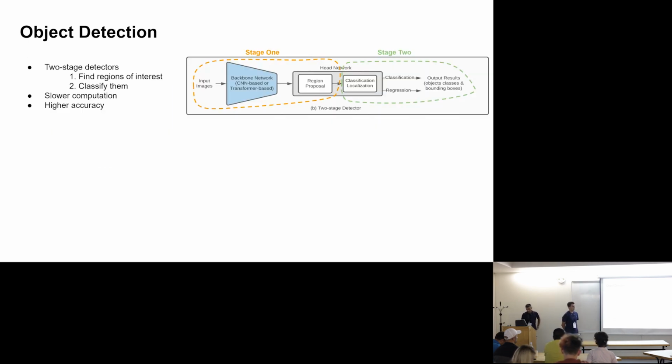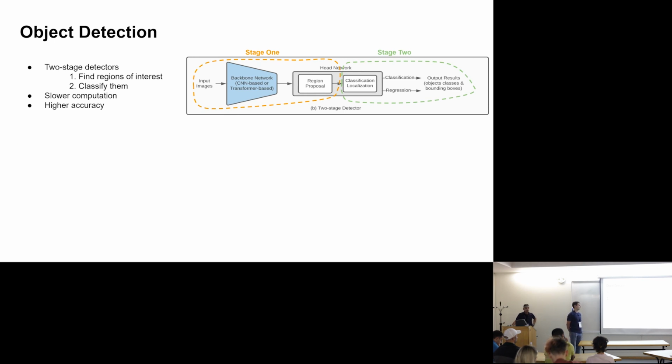Next, I want to talk more technically about what types of object detectors there are. The object detection task is divided into two groups, two-stage detectors and one-stage detectors. Two-stage detectors, in the first stage, get the input image, and they output proposed regions where the object of interest can be.